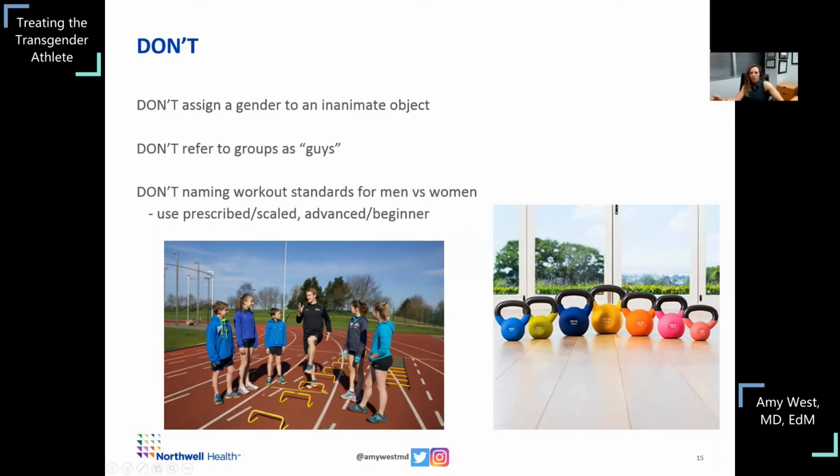There's not necessarily a men versus women kind of thing. It's just, this is one way of doing it, this is a standard, and this is a scaled way of doing it, or this is an advanced way of doing it, and this is a beginner way of doing it. But when you start assigning gender to it, it gets a little sticky, for not just transgender people, but for everybody. So there's kind of no need to do it.